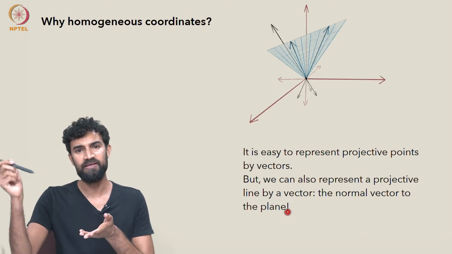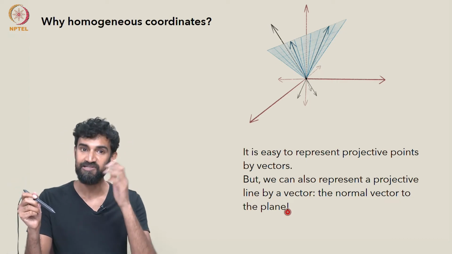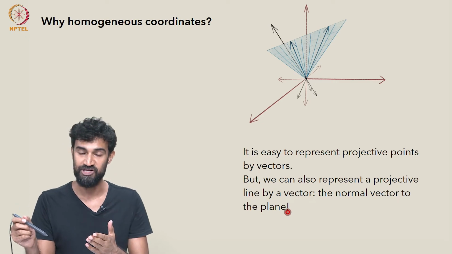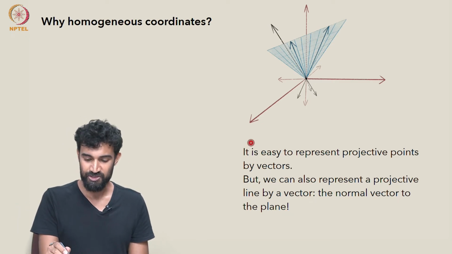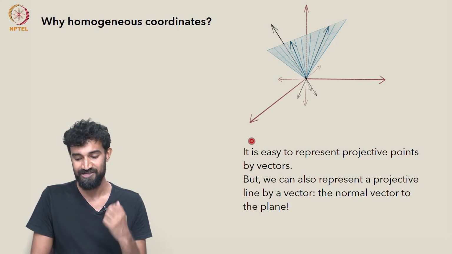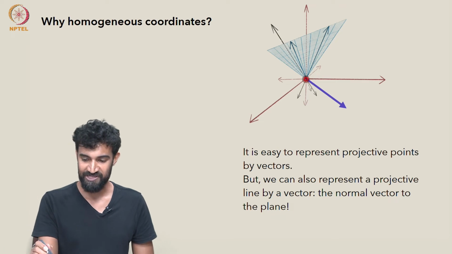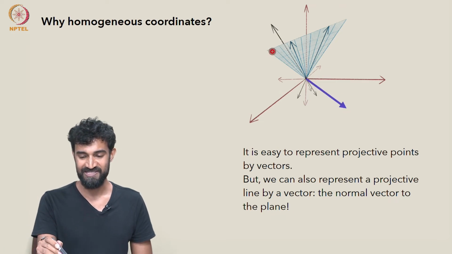But any vector uniquely specifies a plane through the origin, which it's normal to. So a vector still uniquely specifies a projective line. For example, this vector that I've drawn here specifies this projective line, this blue plane here.